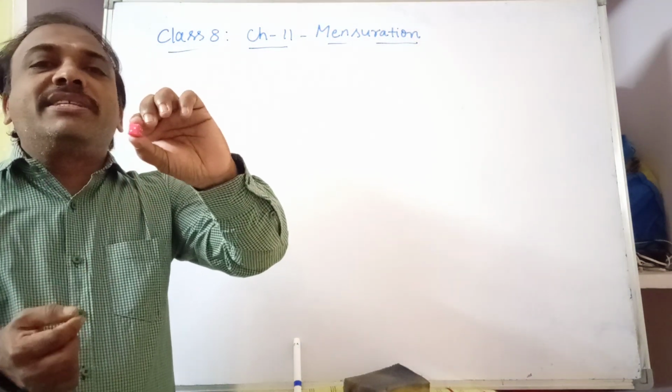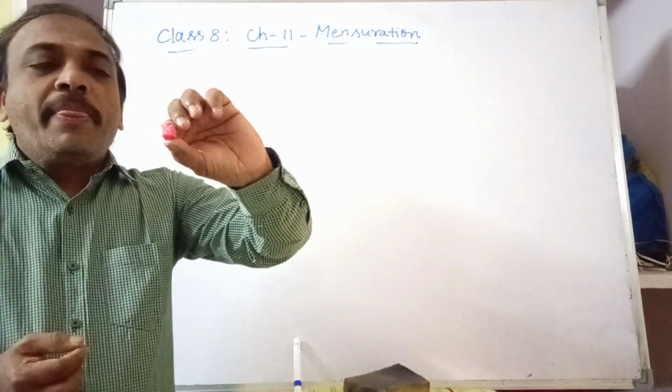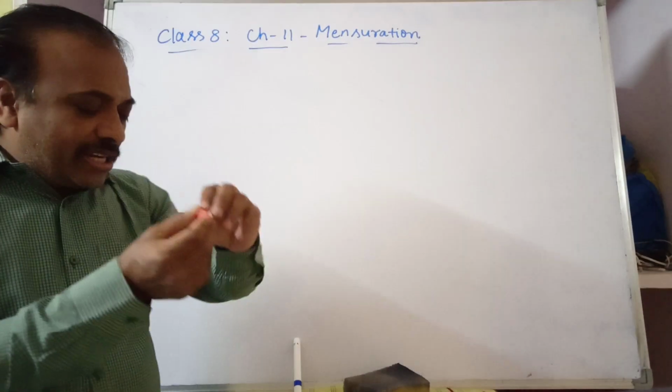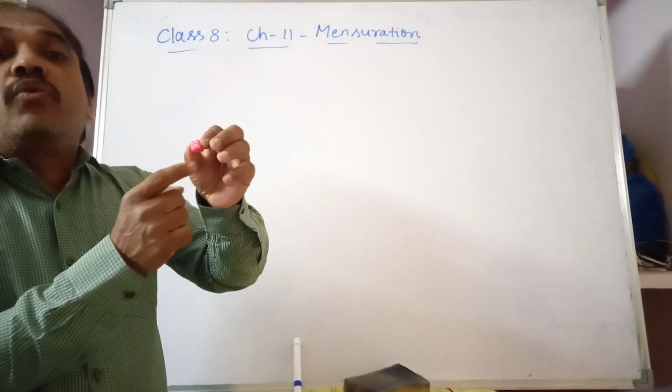Now the small shape which is in my hand, what do you call this one? We use this to play the game snakes and ladder. This is a cube. What makes the difference between this and this? Yes, exactly, you are right. These faces are in square shape.